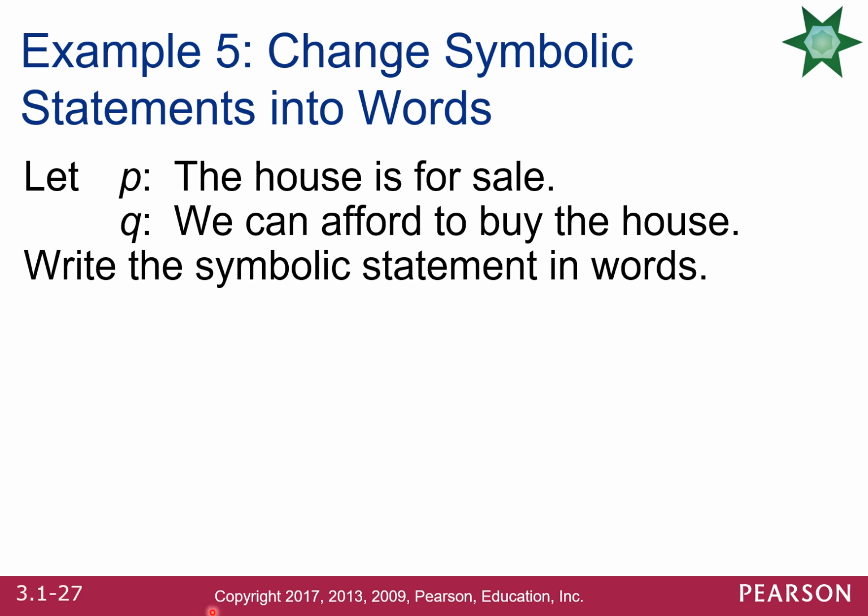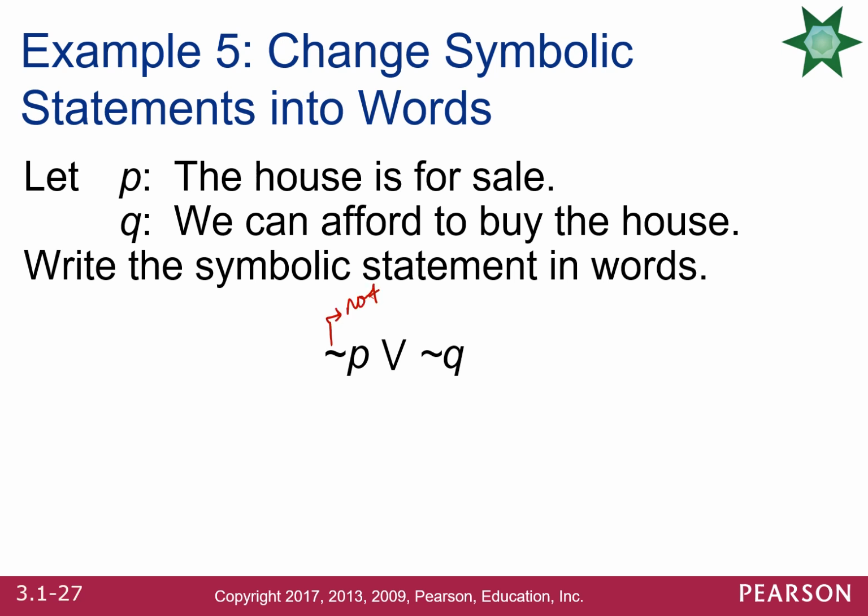Now let's look at another example which has the same ideas but they are connected differently. All right, so the same ideas, P represents the house is for sale, Q represents we can afford to buy the house. But this time, the symbolic statement is, as you can see, not P. So again, let me write in words the meaning of each symbol.